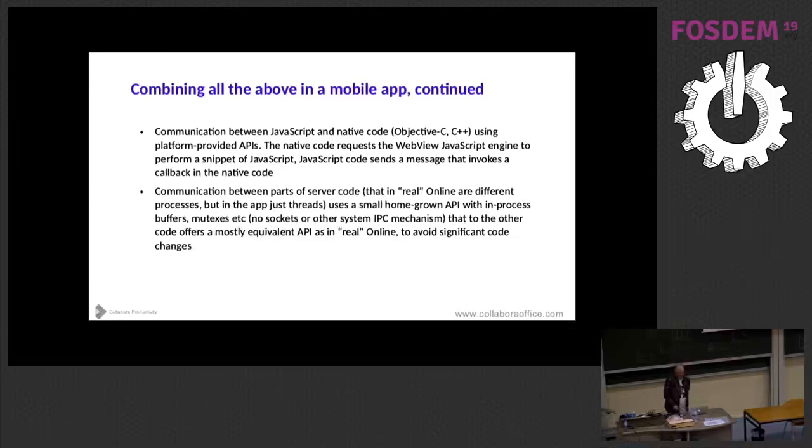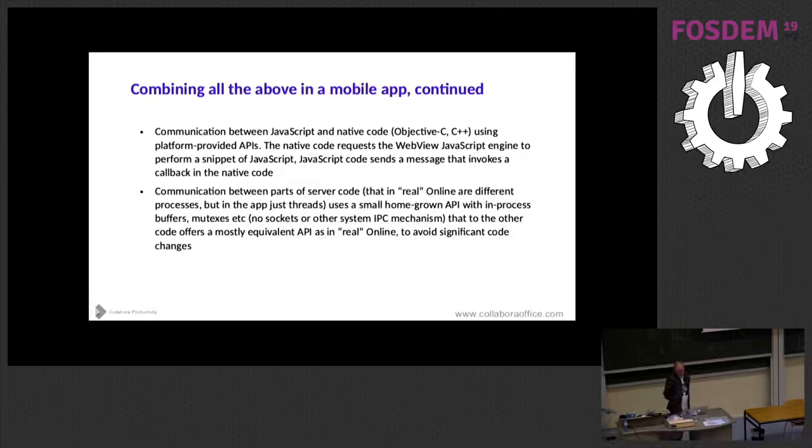And then when this C++ code needs to communicate with the JavaScript code, if you compare to the online case, there the server sends these WebSocket messages, and the JavaScript receives them and replies also with WebSocket messages. In the app case, they go through this native code layer.